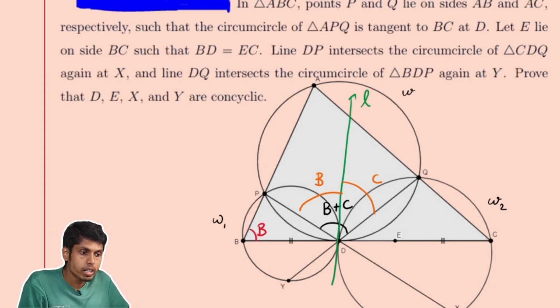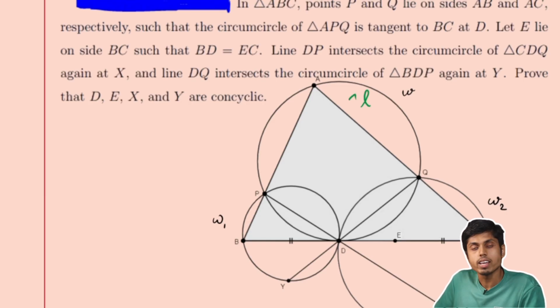The angle made by QD with the line L equals the angle subtended by QD on the arc, namely C. So therefore, the line L is also tangential to omega 2. Hence, it is tangential to both omega 1 and omega 2. So the circles are by themselves tangential to each other, because they have a common tangent. This is one of the famous ways to prove two circles are tangent.